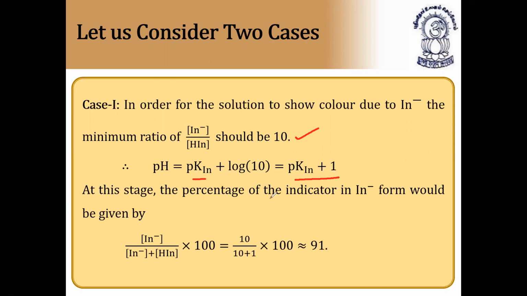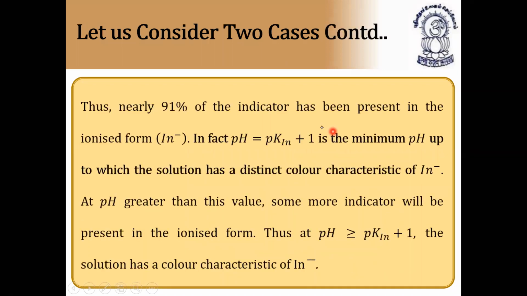At this stage, the percentage of the indicator in IN- form is [IN-]/([IN-]+[HIN]) x 100 = 10/(10+1) x 100, which is about 91% color change. However, it is not that important. They'll only ask about the color changes in the examination. Thus, nearly 91% of the indicator is present in the ionized form.